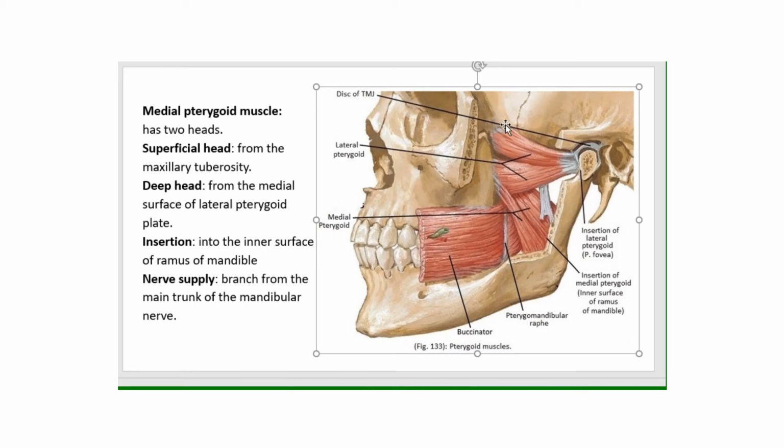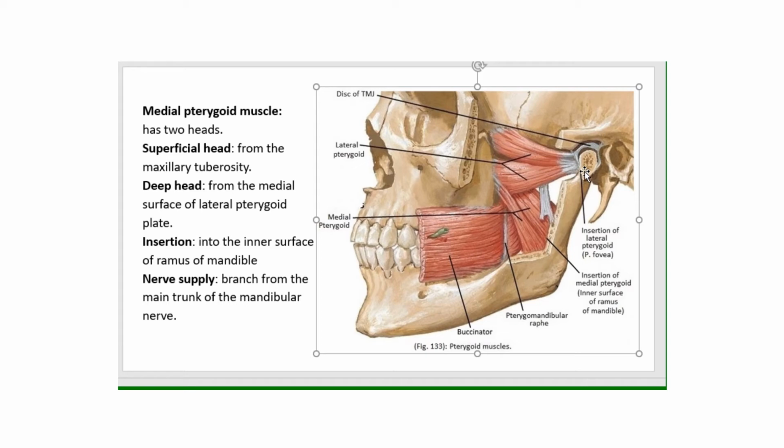The suture separates it from the squamous part of temporal bone. The lower head of lateral pterygoid takes origin from the lateral surface of lateral pterygoid blade. It is inserted into the pterygoid fovea, which is present in front of the neck of the mandible, as well as into the articular disc and the capsule of temporomandibular joint.